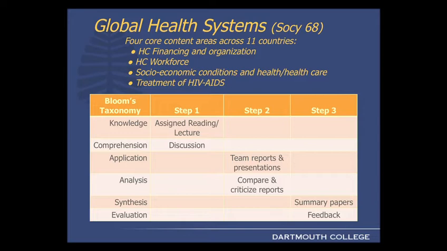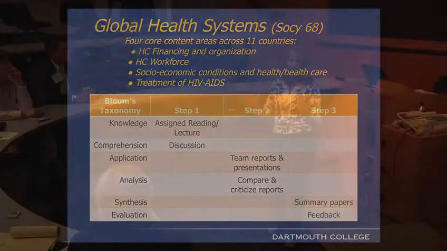Third step is that at the end of the week of presentations for each of the core areas, they have, I used to call it a take-home quiz, but students really hate the word quiz. So now I call them papers, short papers, right? Where they now have to analyze and synthesize across all of these countries.